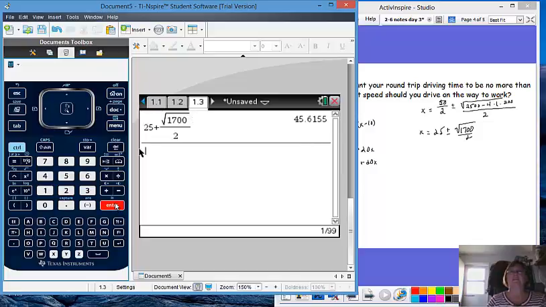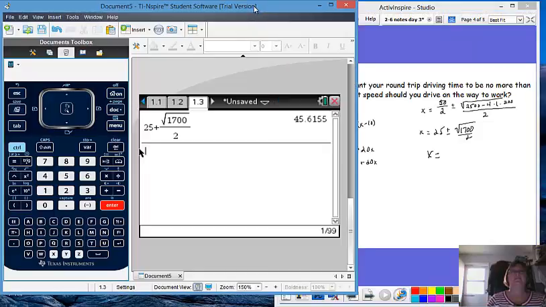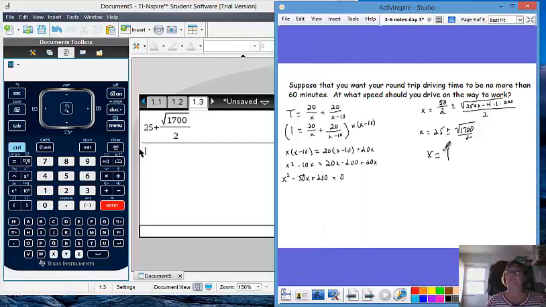And I will find that I have to drive at a rate of, I forgot the number, I didn't look, I guess, 45.6 miles per hour. 45.6 miles per hour.